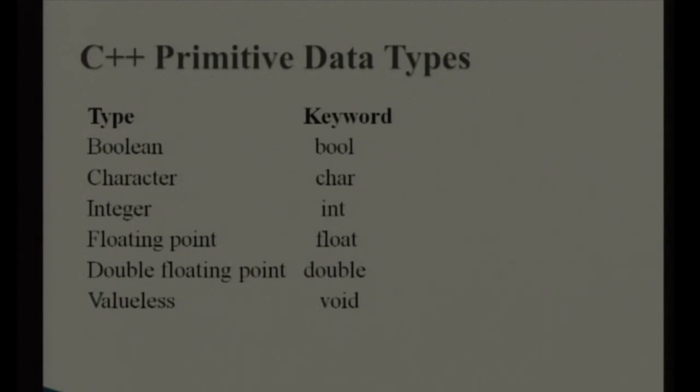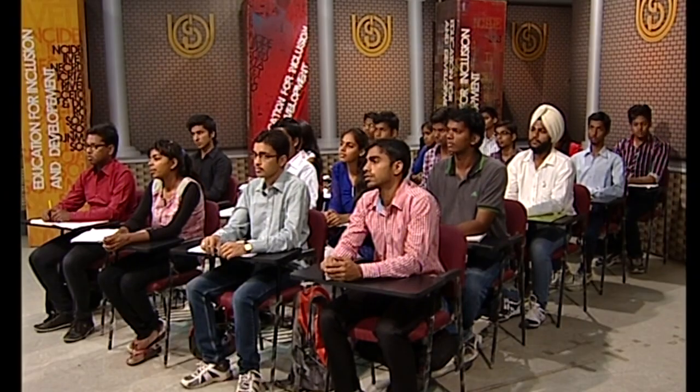So, Boolean is used for storing values which are either true or false. Boolean has only two values, that is 0 or 1, true or false. And then character: there are different character sets and different coding systems available for representing characters. The very popular coding system is ASCII, ASCII codes or ASCII characters.